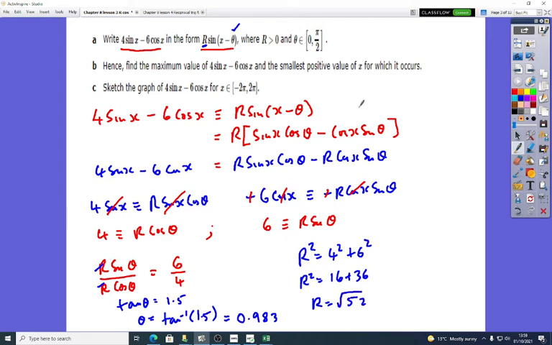So now, why is this helpful? What you've done is you've combined this function here into a singular function in terms of sine, where r is root 52, and sine has been transformed, or translated, sorry, by 0.983 radians, shifting it forward, and that is the same as that.